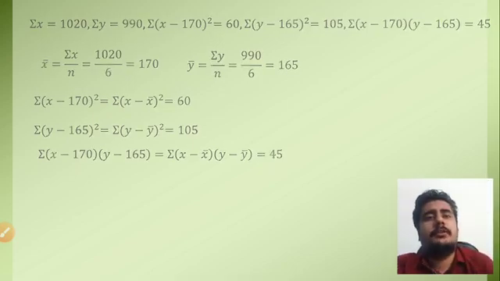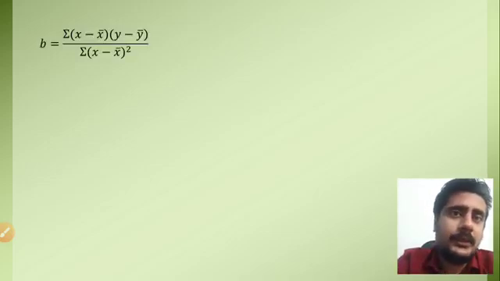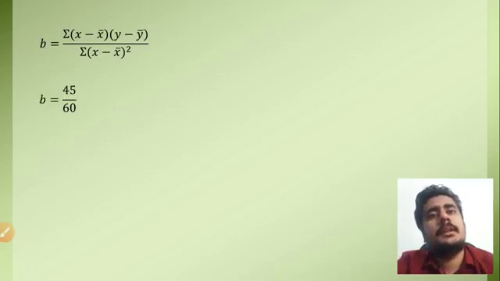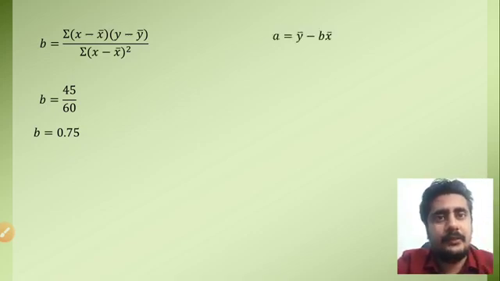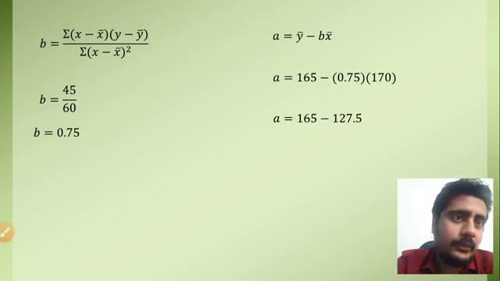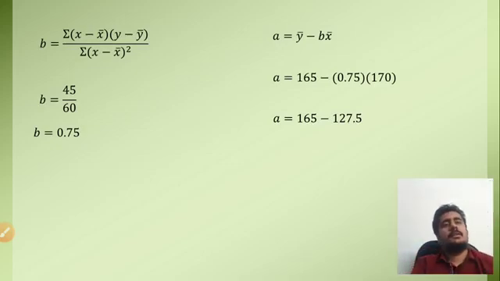Okay, now proceed further. Now if this formula is given, you know the formula of B: sigma x minus x bar, y minus y bar upon sigma x minus x bar square, that is 45 upon 60, which is 0.75. A is y bar minus b x bar. Y bar we found first. 0.75 is b and x bar is 170.